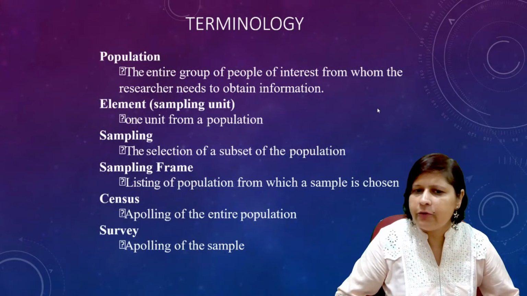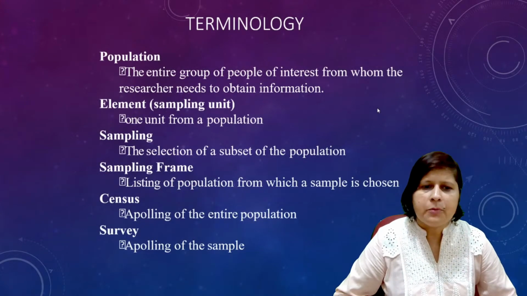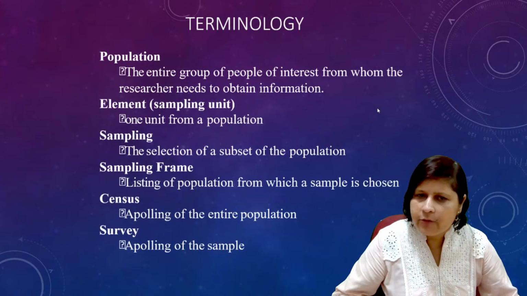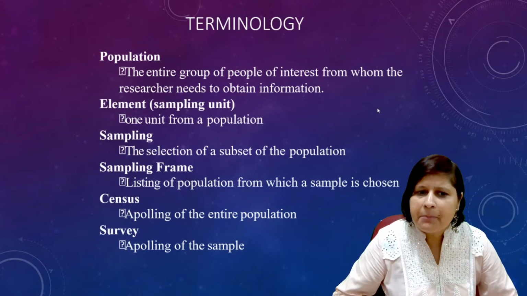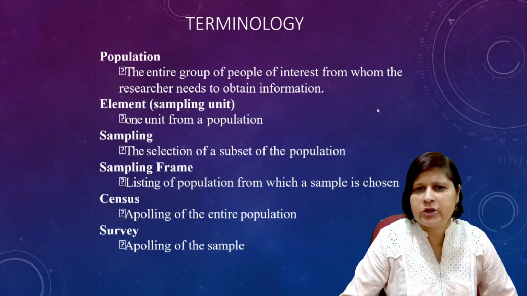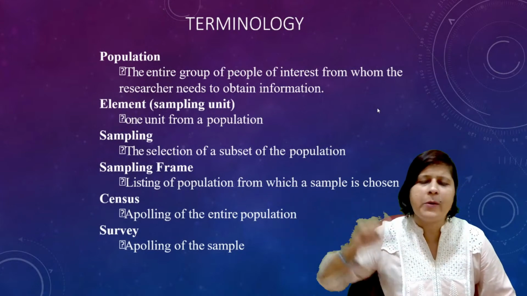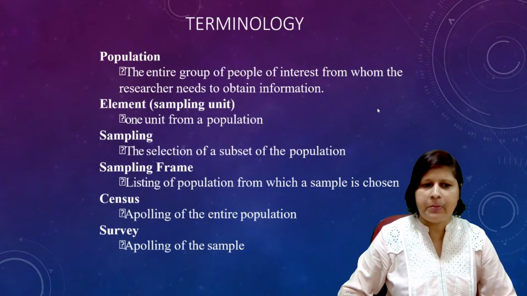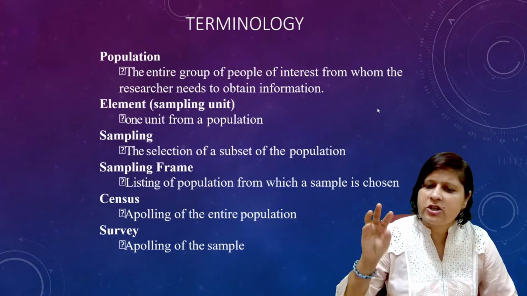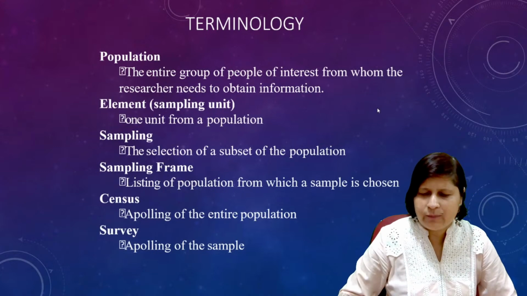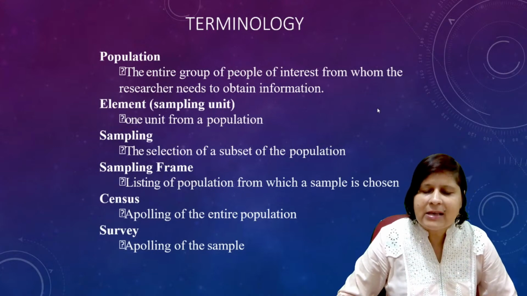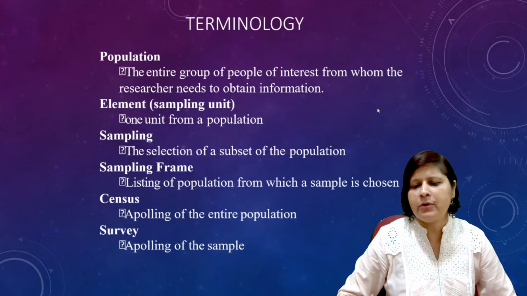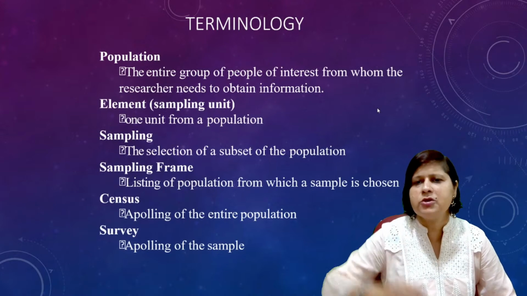The entire group of people of interest from whom the researcher needs to obtain information is the population. Sampling unit, 1 unit of population. Each and every individual of the population is 1 unit, and that is known as the sampling unit. What is sampling? Selection of a subset of the population. What is sampling frame? Listing of the population from which the sample is chosen.